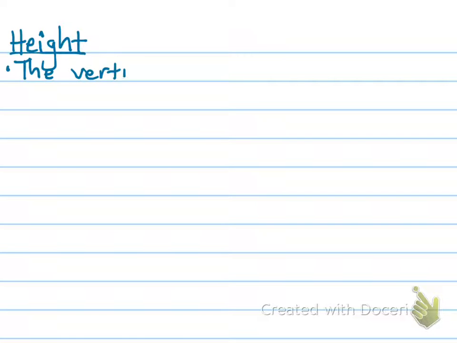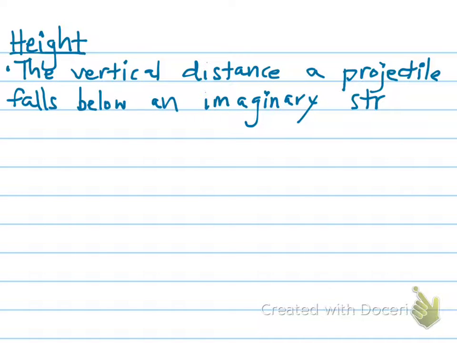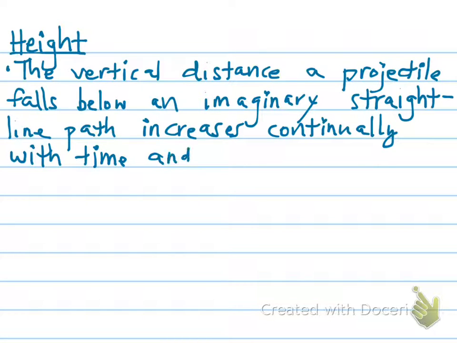So the vertical distance a projectile falls below an imaginary straight line path increases continually with time and is equal to 5t squared meters.